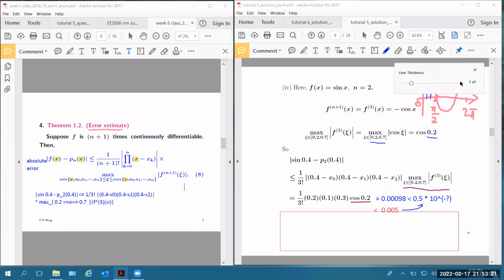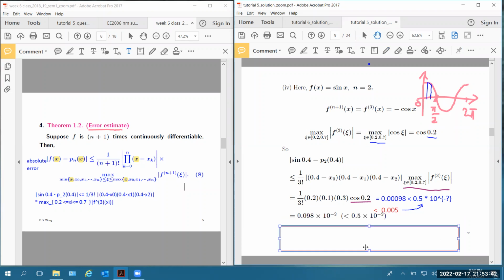Yes, 0.005 is 0.5 times 10 to the power of minus 2. So actually this one is 2. Therefore, it's less than 0.5 times 10 to the power of minus 2.